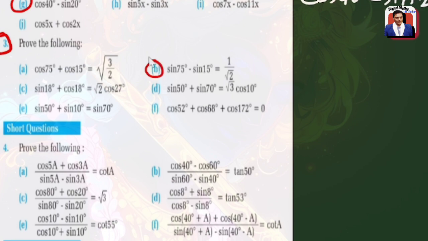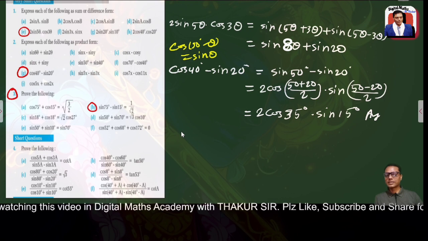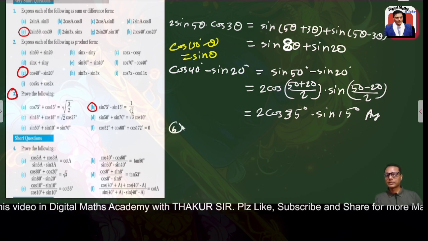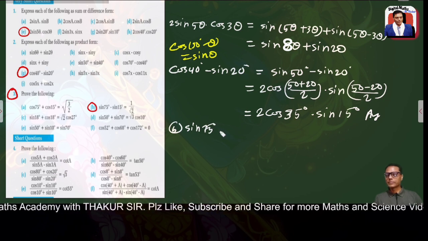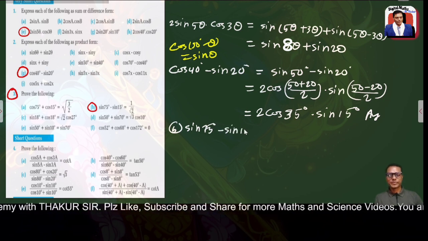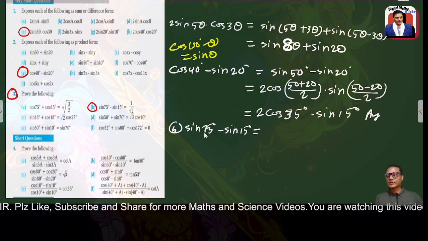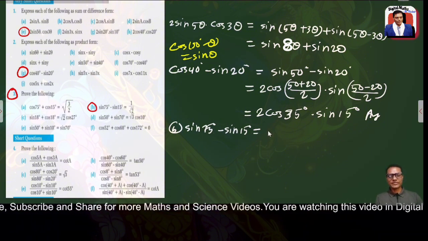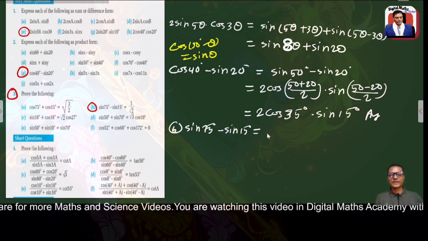In B number we have sin 75 degree minus sin 15 degree. Just we can apply the formula sin C minus sin D, which we have applied above.